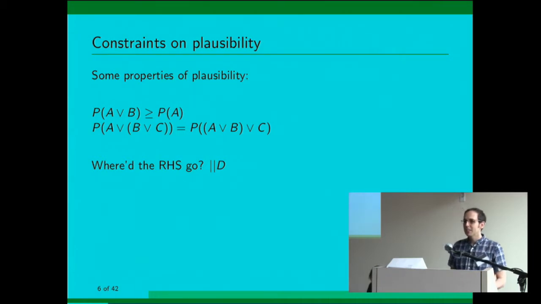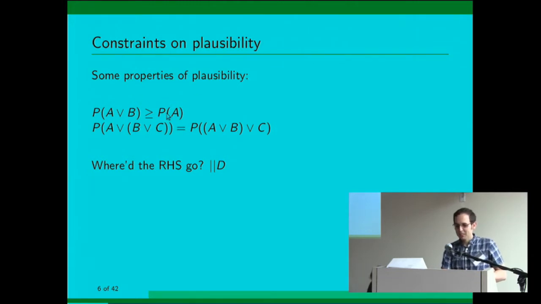There are some alternatives to probability theory that people have come up with. There's one where instead of giving every proposition a probability, you give it two numbers: a lower bound and an upper bound. You can think of it like a lower probability and an upper probability. The problem with that theory is that it doesn't give you this.